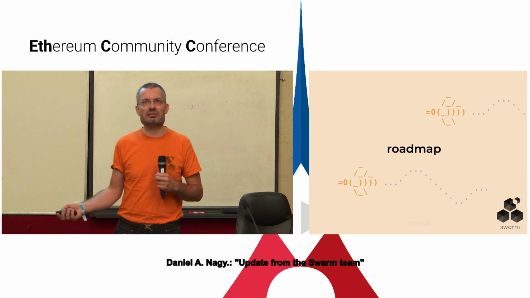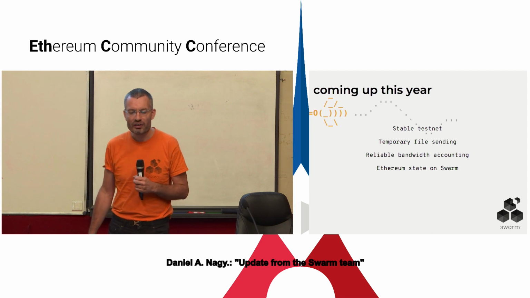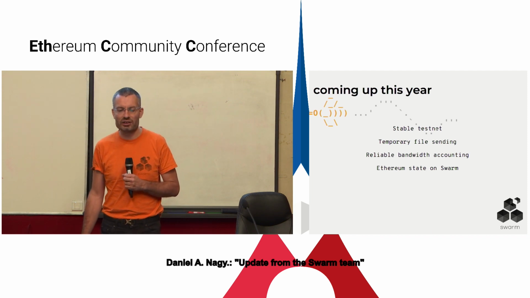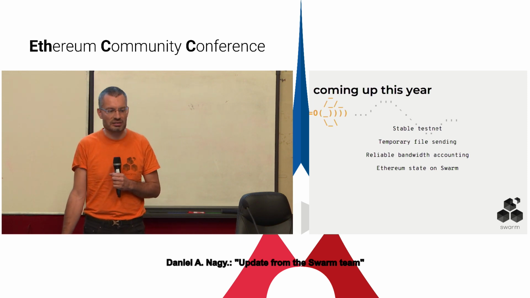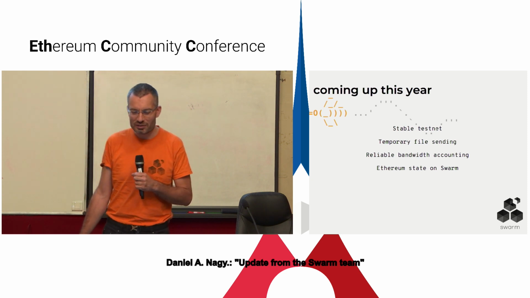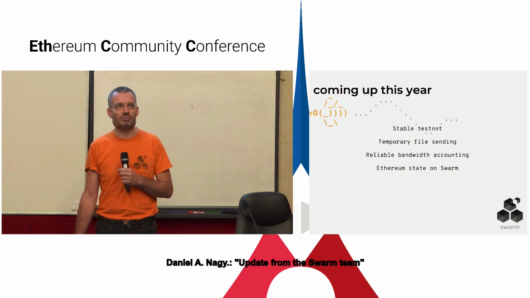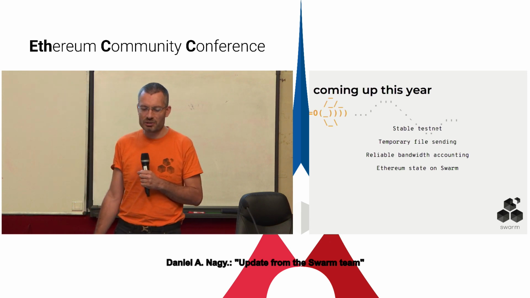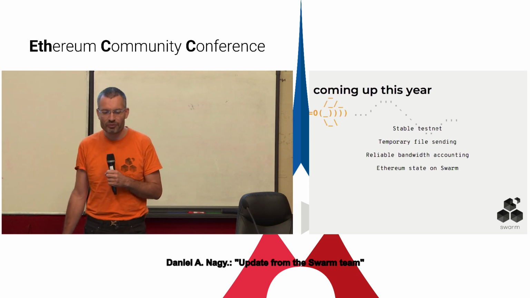So that's where we are right now, and our roadmap is the following. This year, we would like to provide a stable testnet. Those of you who have some experience playing with Swarm testnet know that it's been a little bit flaky, to put it diplomatically. So we would like to rectify that and have a very stable testnet this year, hopefully within a few months.